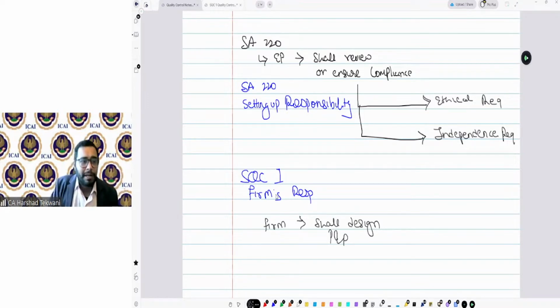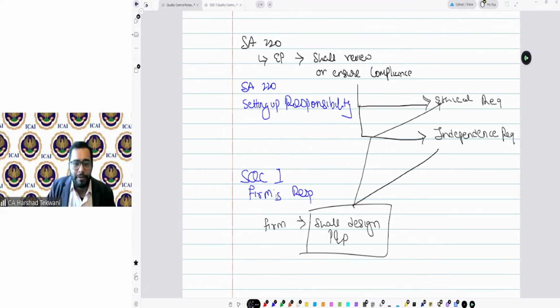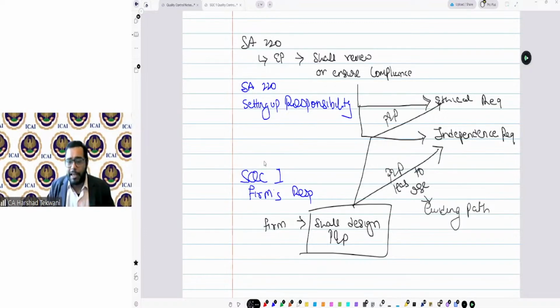Now, the engagement partner can use these policies and procedures in order to check compliance with these requirements. It can be a guiding path for the engagement partner.